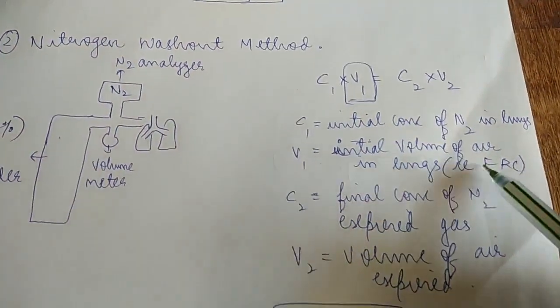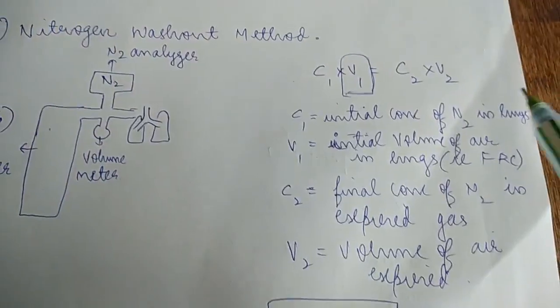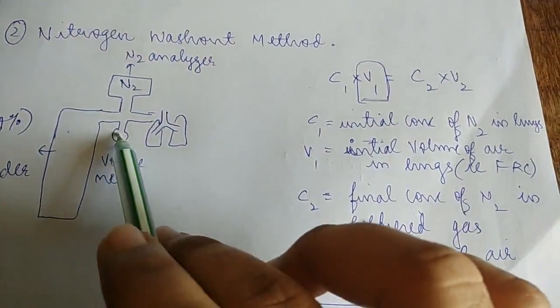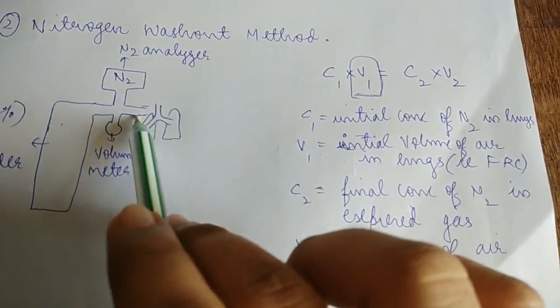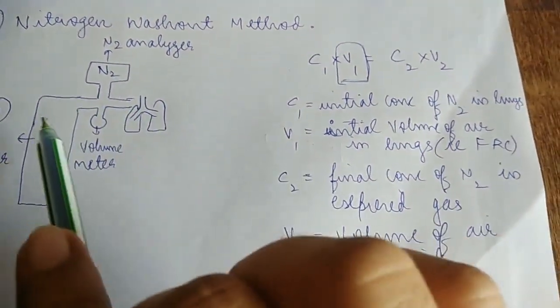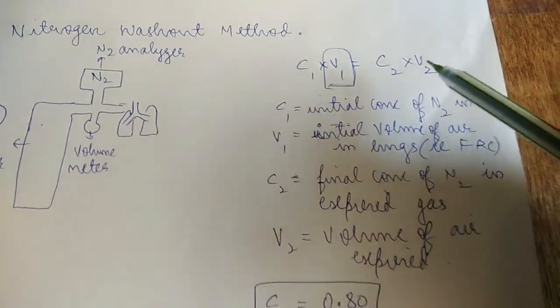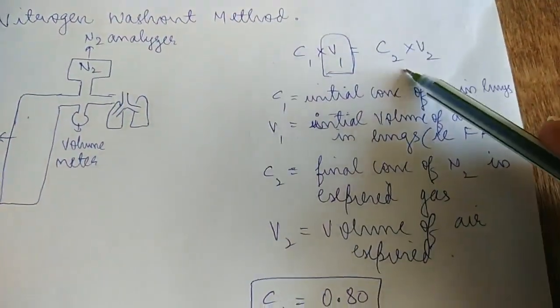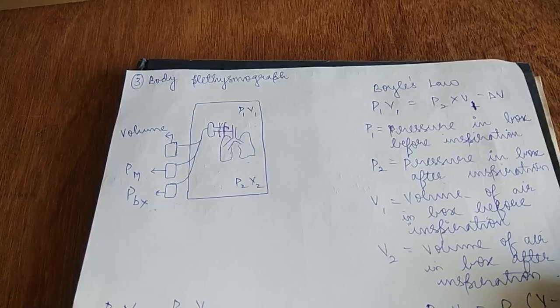V1 is the initial volume of the air in the lungs, that is the FRC which we are going to calculate here, and C2 is the final concentration of the nitrogen in the expired gas, which is measured by the N2 analyzer. Then V2 is the volume of the expired air measured by the volumeter. We have C1, we have C2, we have V2. We substitute these values and we get V1, that is the functional residual capacity.